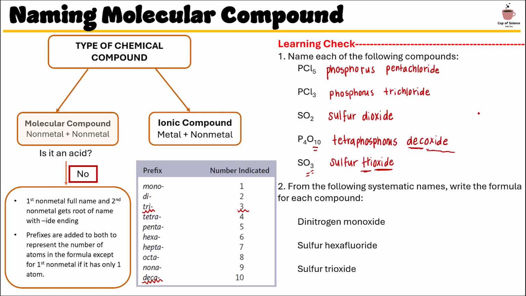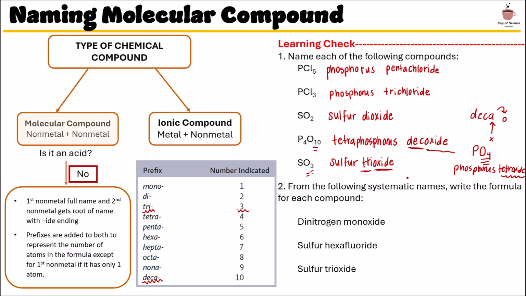The A in deca gets taken out if the next letter is an O. So if it was, say, PO4, then we're talking about phosphorus. And then O4, this 4 is tetra, and then drop the A, and tetroxide is what I'm referring to.